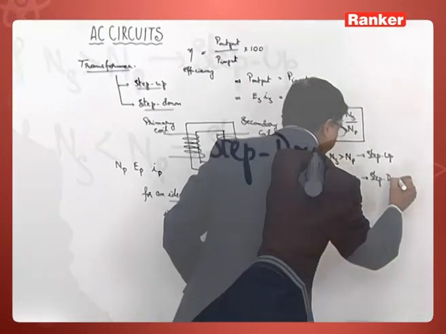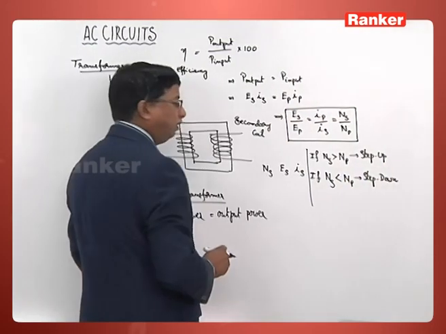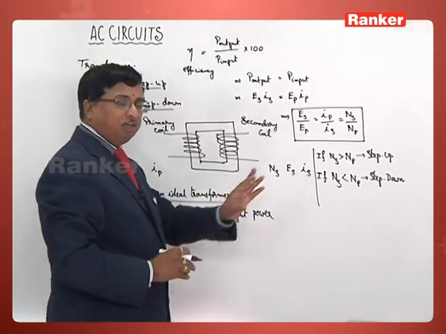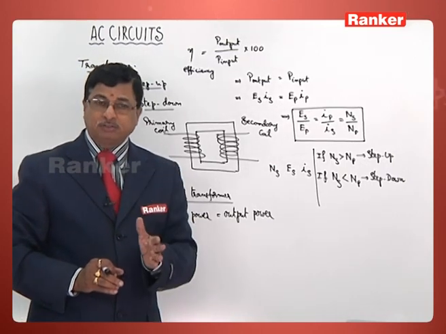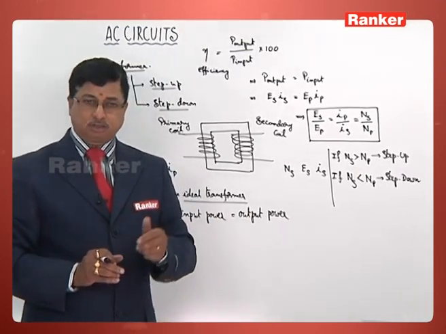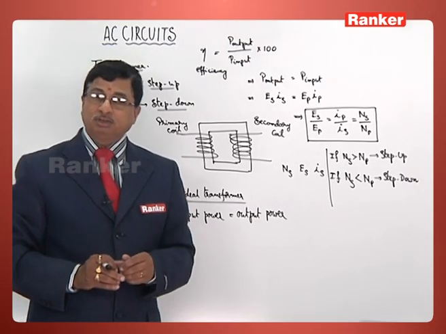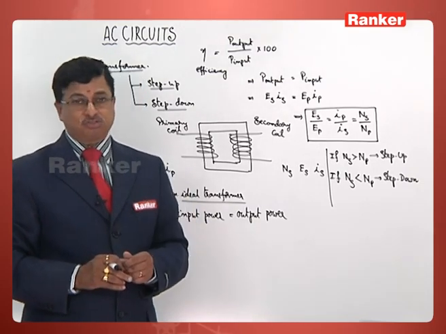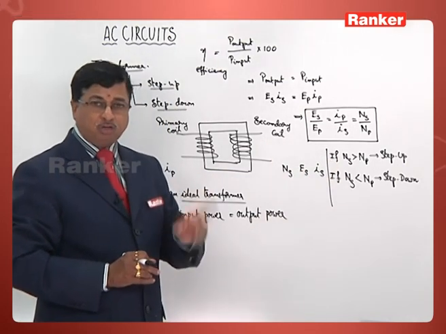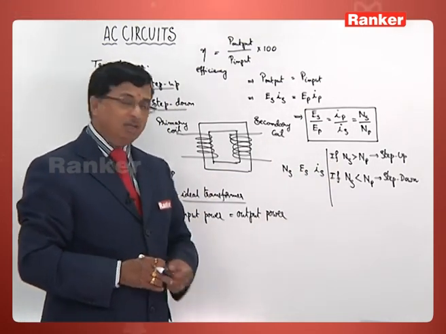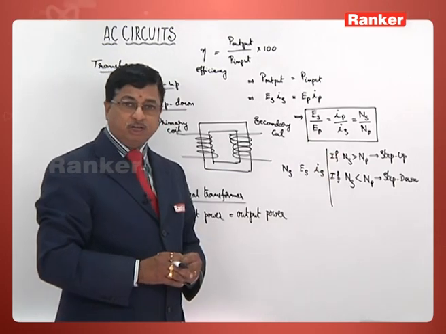So, step up transformer or step down transformer is decided by considering the number of turns in the primary coil and number of turns in the secondary coil. If number of turns in secondary is more than in primary, it is called a step up transformer.